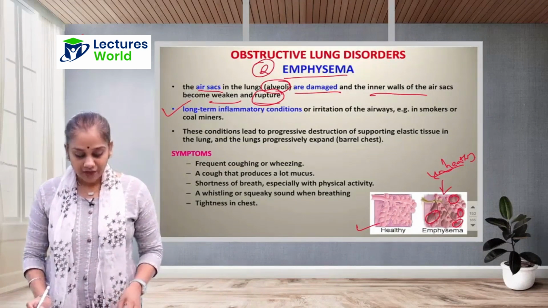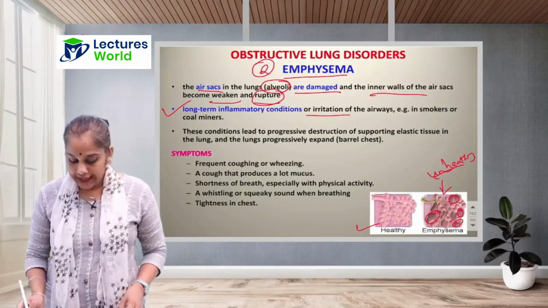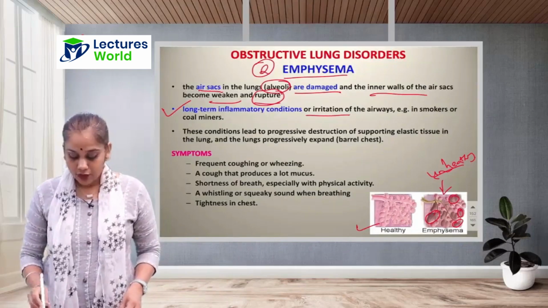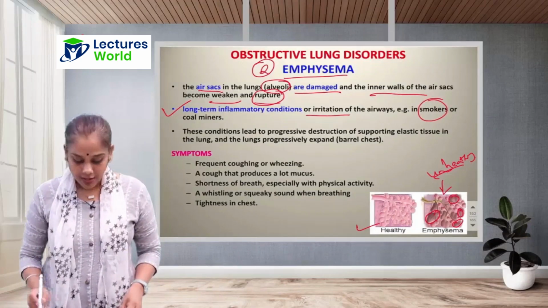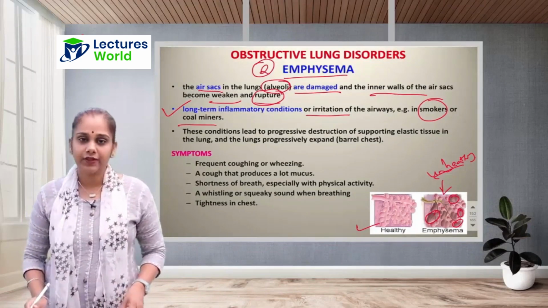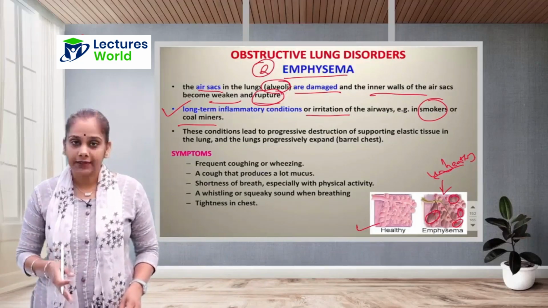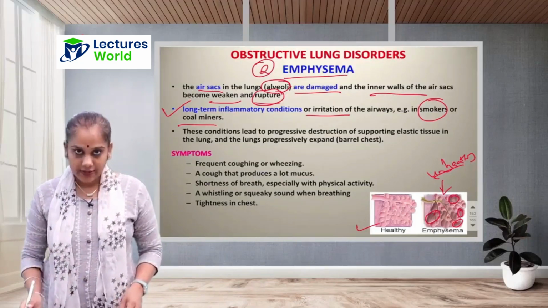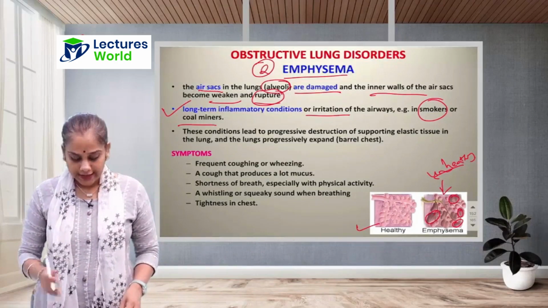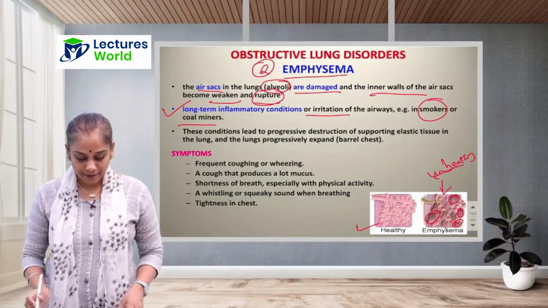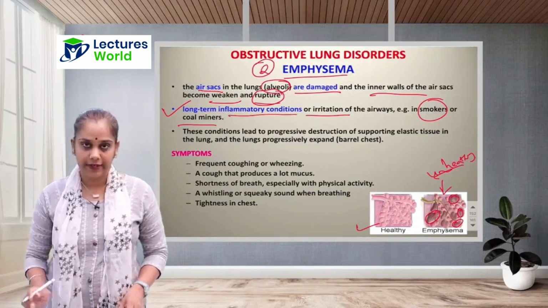It is a long-term inflammatory condition or irritation of the airway, as in heavy smokers or chain smokers, or in coal miners working in factories. Factory workers and smokers have more chances of getting emphysema.